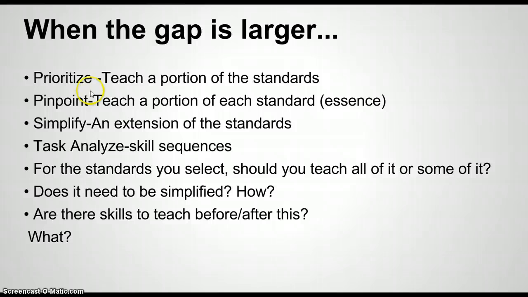Only teach a portion of the standard. You don't have to include the entire standard in every single bit and piece of it. Teach just a portion of that standard or teach the essence of it. Simplify. So we might just make that an extension of that standard. Really focus on tasks or the sequences that meet that standard.